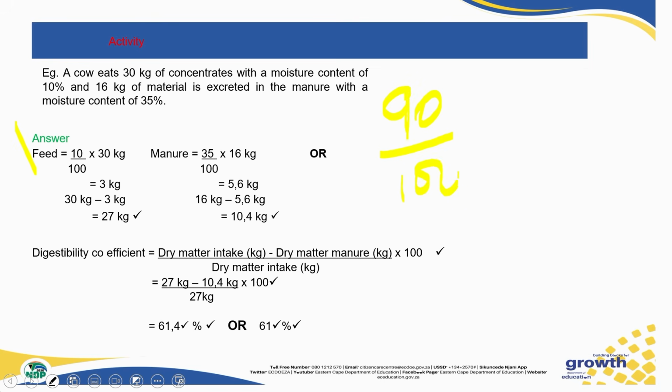90 over 100, because learners used to forget to subtract the 3 kg from the 30 kg to work with 27 kg. They take this 3 kg into the dry matter intake, whereas this 3 kg is the moisture that needs to be removed from the feed.